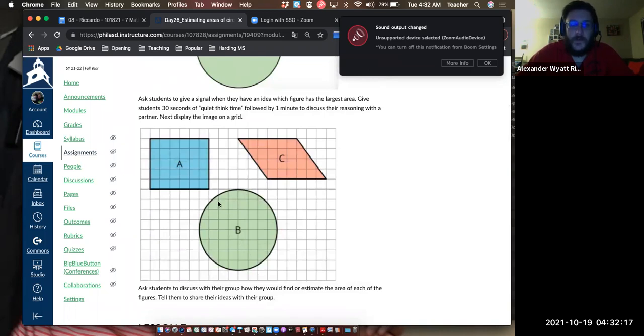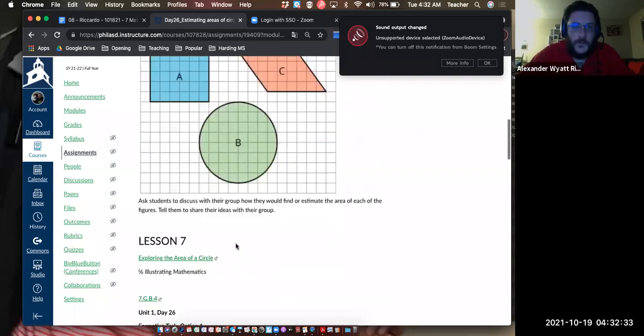B is bigger because it's 6 across by about 5, so you can fit it all in there. This is a 6 by 4, and this is a 6 by 5. So we would go B, A, C in terms of largest down to smallest.